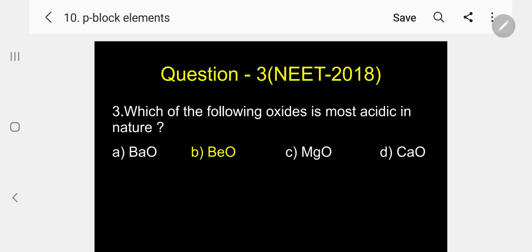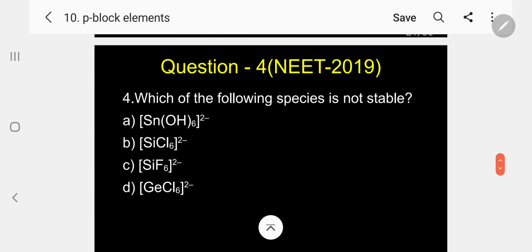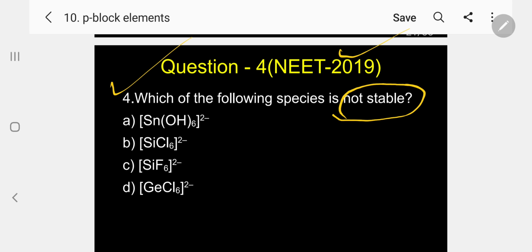Question number 4, asked in 2019. Which of the following species is not stable? Options are A, B, C and D: stannous hydroxide complex, SnOH6 2 minus, SiCl6 2 minus, SiF6 2 minus, and GeCl6 2 minus.